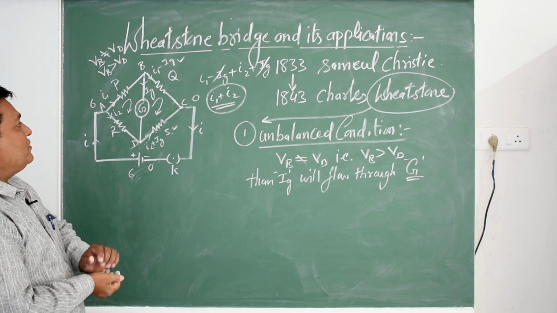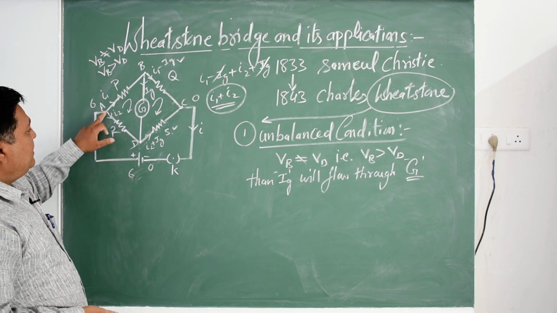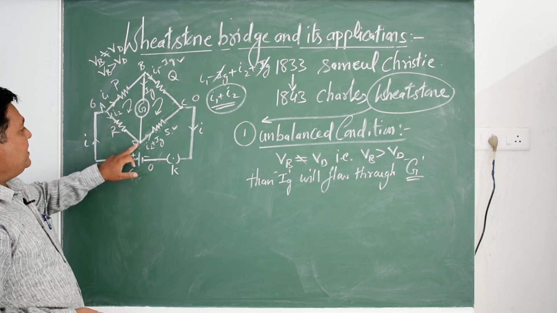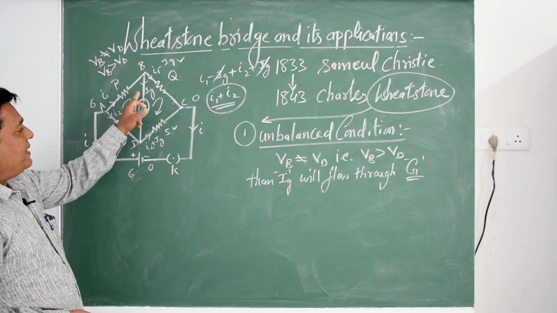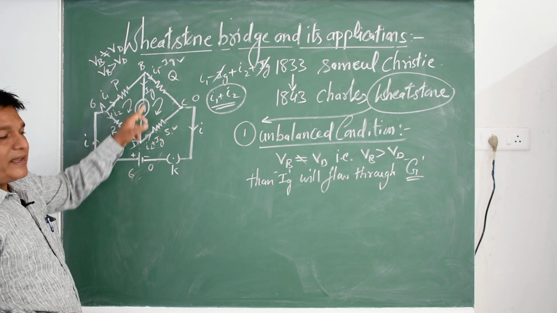We take the first loop A, B, D and A, and we follow this direction for our calculation.